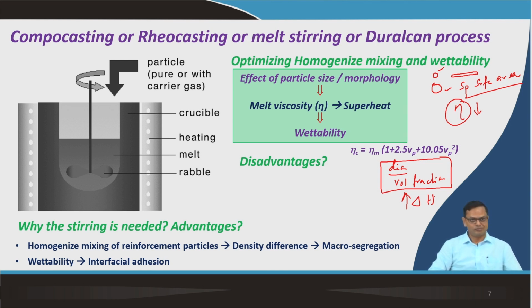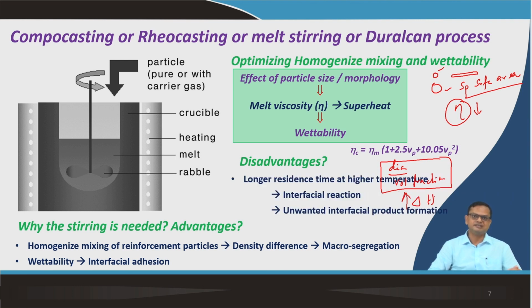You can see here that even the densities of the melt and the reinforcement particles are different. By optimizing the different process parameters, we can have a homogeneous mixing of reinforcement in the matrix. But what is the problem in this method?